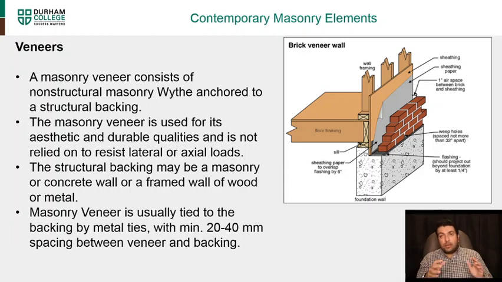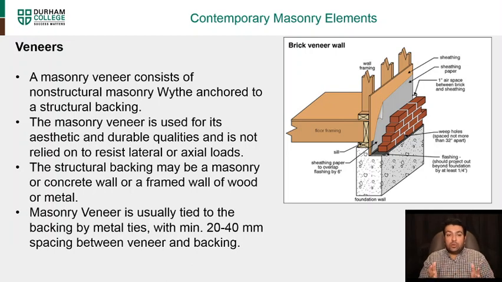So in Canada, for most of our construction, most of the houses that we build here are built with veneer walls. So the brick outside is not structural. Most of the structure inside is all wooden structure, and that takes all the loadings.